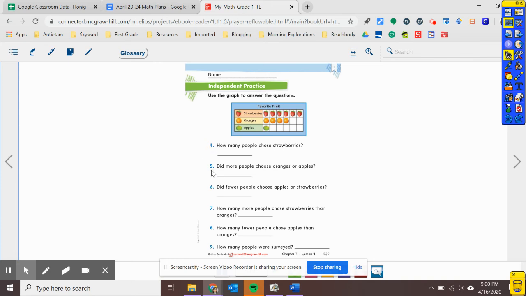Number 5, did more people choose oranges or apples? That means you have to write oranges or apples on this line. Which one has more votes? Pause, solve, and write. Number 6, did fewer people choose apples or strawberries? So which ones had less votes? Write that word on the line.